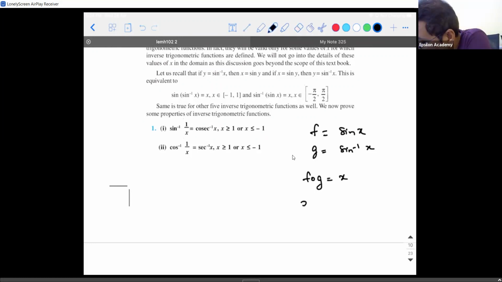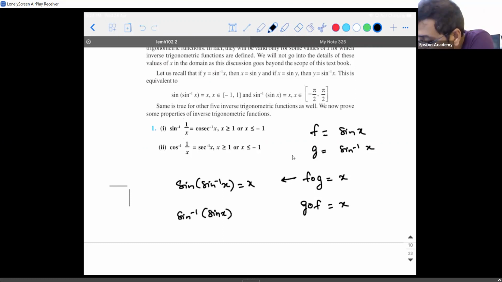It will give me x, and g circle f will also give me x. This one we know because it comes from the definition of inverse function. So here, sine of sine inverse of x is equal to x. Here, sine inverse of sine x is also x. Correct? So sine of sine inverse of x means where does this x come from?